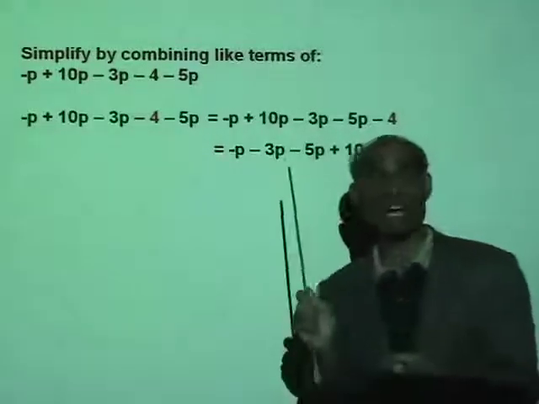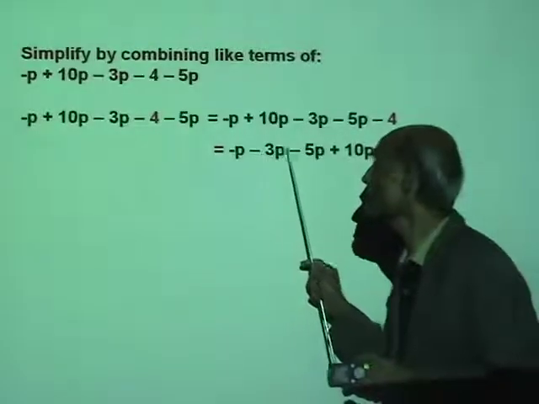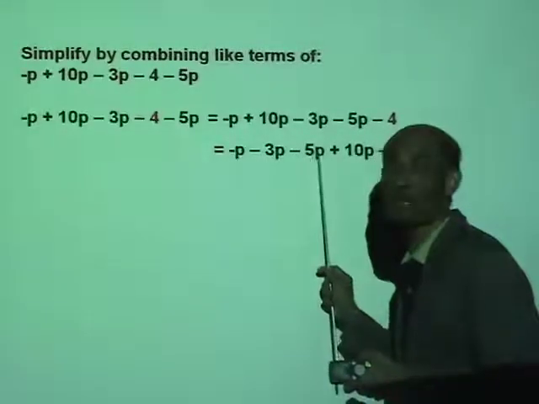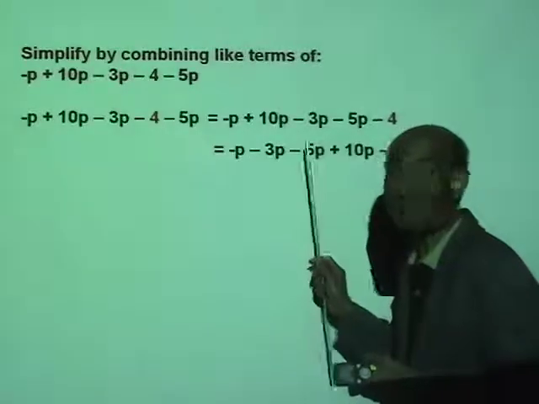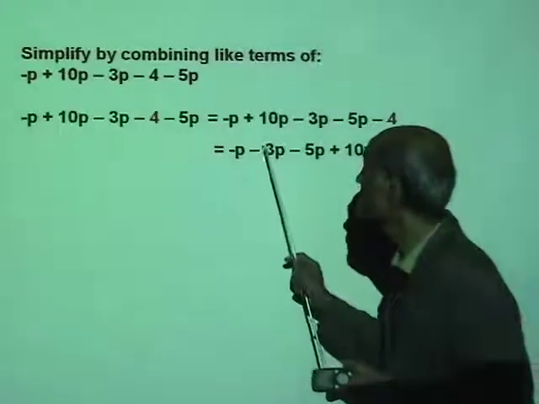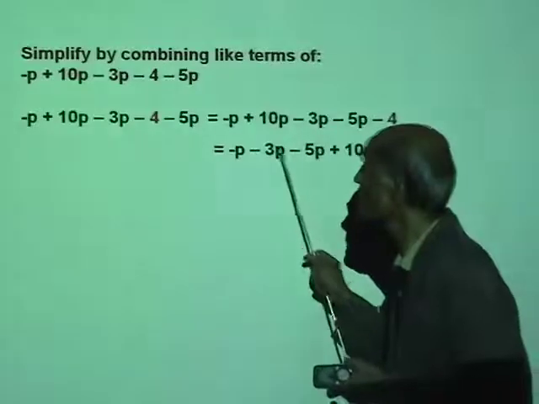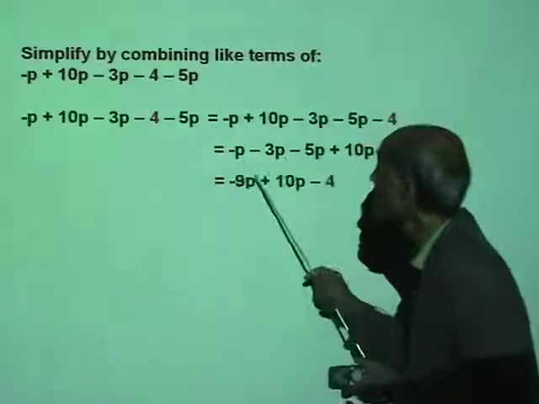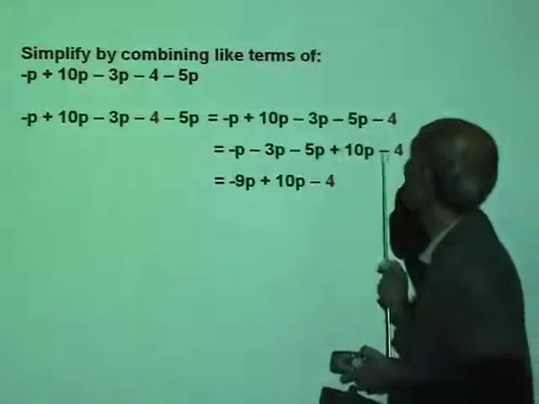Tell me, what is negative p minus 3p minus 5p? They're all negative, so you simply add up their coefficients. 5 plus 3 is 8, plus 1 is 9, and then use the negative sign. That will be negative 9p plus 10p minus 4.